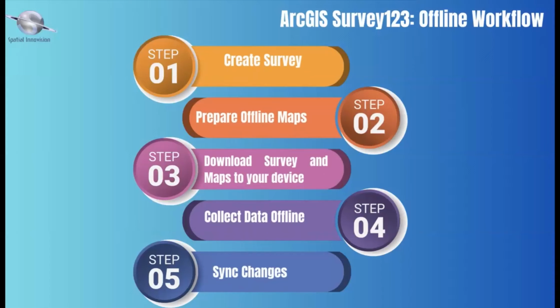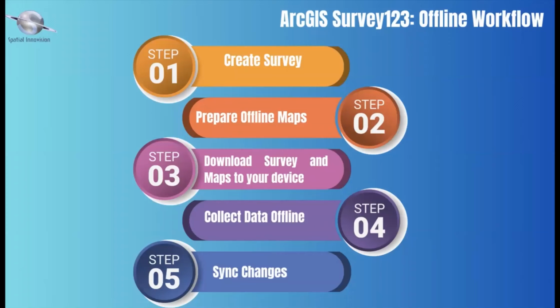Next, the user will create an offline map package in ArcGIS Pro, customizing it to include all the required geospatial data. Then, the user will publish the Survey123 form, referencing the offline map package to link with the survey in the offline map.